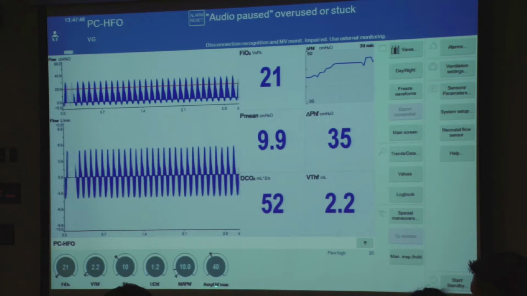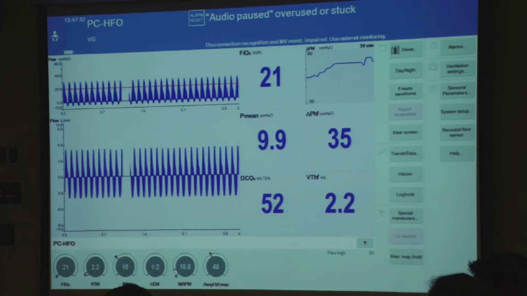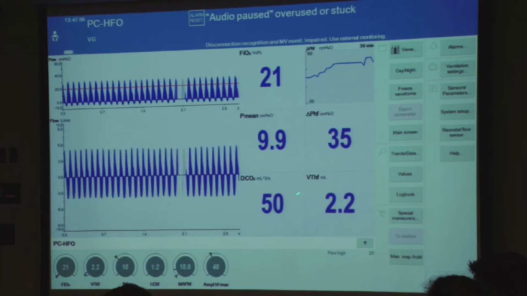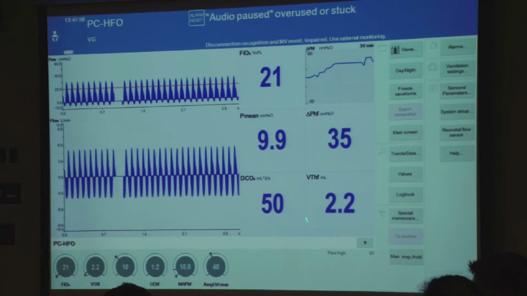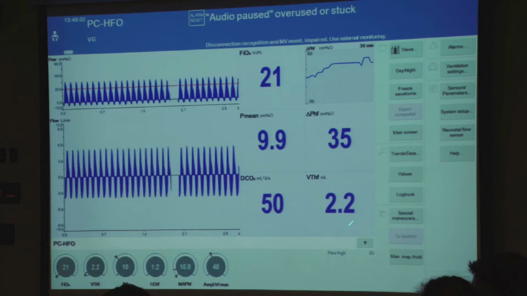What you're dialing in here is the maximum amplitude. The ventilator took over the regulation of amplitude, and now the objective is 2.2.